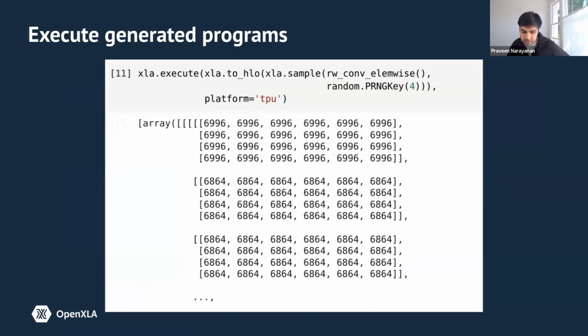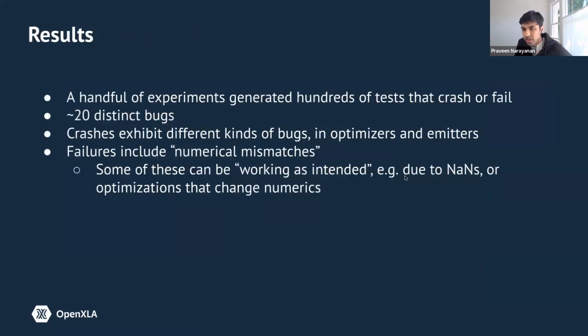And again, as this tool is built on top of JAX, we can quickly execute these programs as well. Next slide, please. Being on top of JAX also means you can do other transformations on your programs like gradient, or do other property-based testing depending on what properties you want to test.